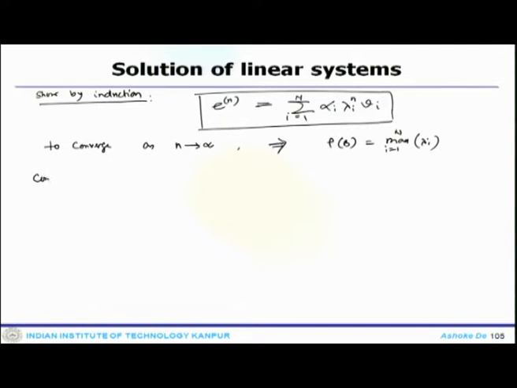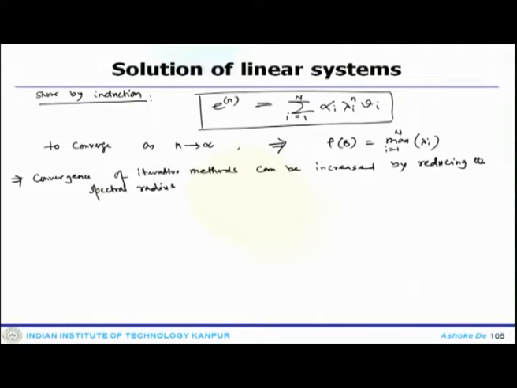Now essentially the convergence of iterative methods can be increased by reducing the spectral radius of the iterative matrix.